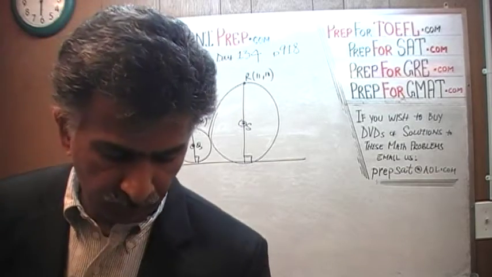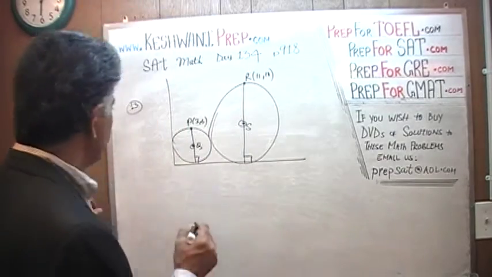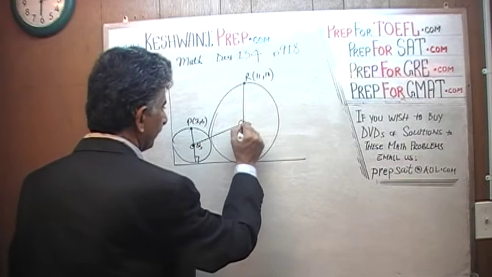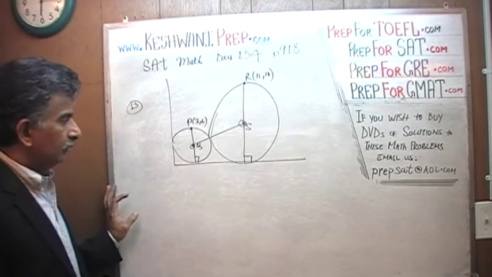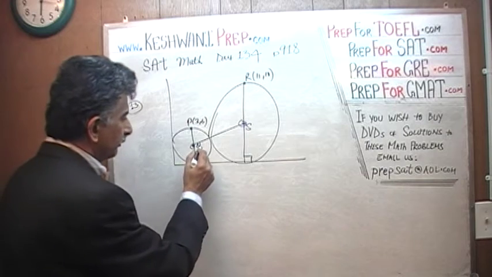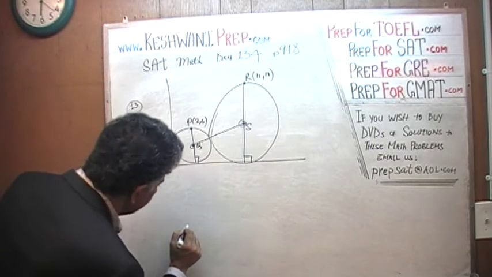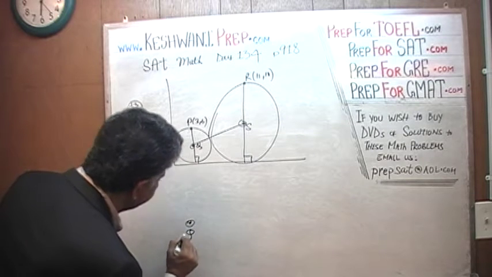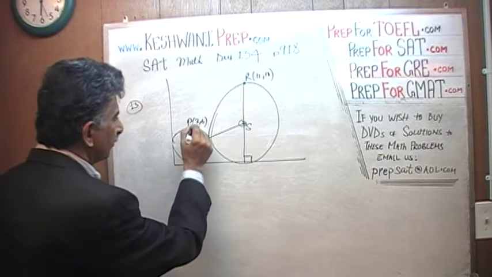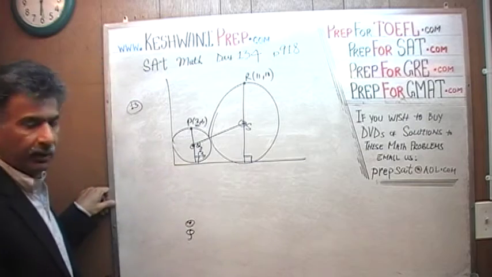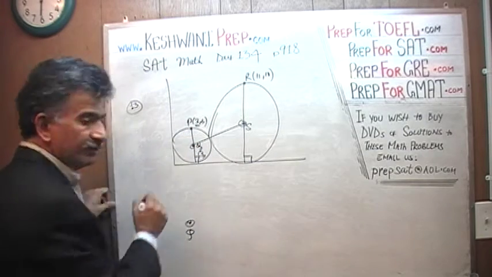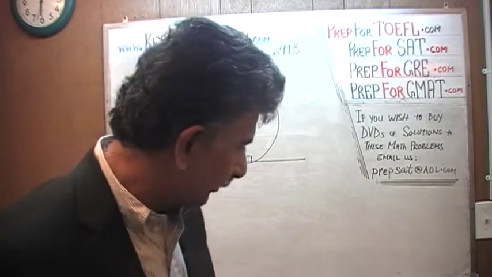Let's find out. We're looking for the line QS. The line QS is this line right here, Q to S. So in order for us to do that, we have to find the coordinates of point Q and the coordinates of point S. Point Q here will have the same x coordinate as point P, which is 3.